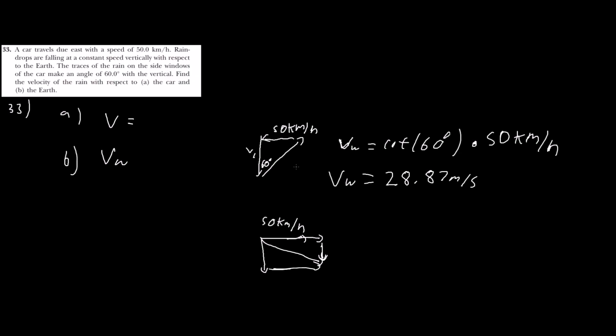So I'm going to use the Pythagorean theorem, and once you get that, you should get 57.73 kilometers per hour, and the velocity of the water is going to be 28.87, and I messed up the units. Oh my god.